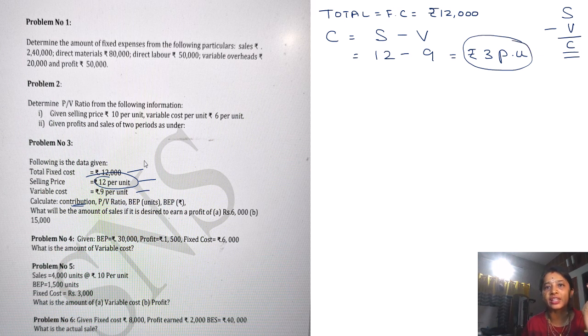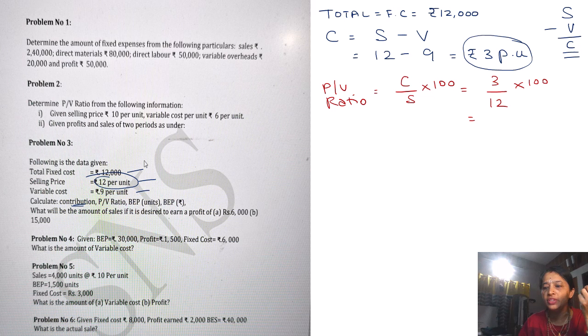Then they have asked you to calculate PV ratio. So PV ratio, what is the formula? C by S into 100. How much is your contribution? We found out 3, divided by how much is your selling price per unit given in the question? 12. 3 by 12 into 100.